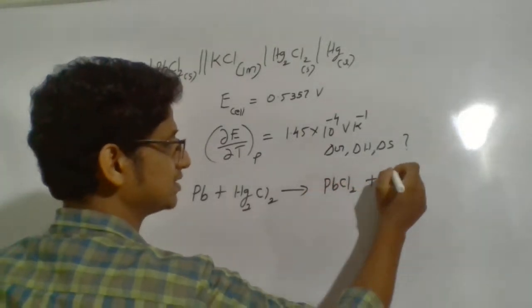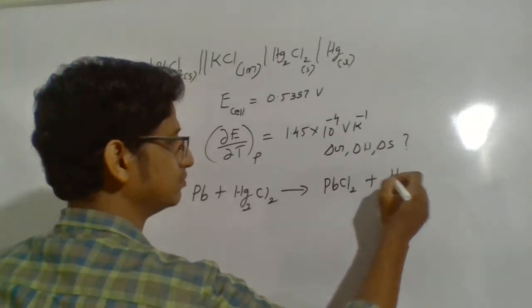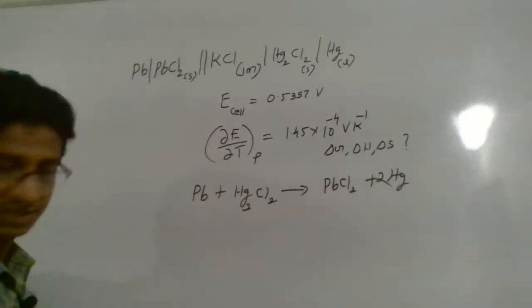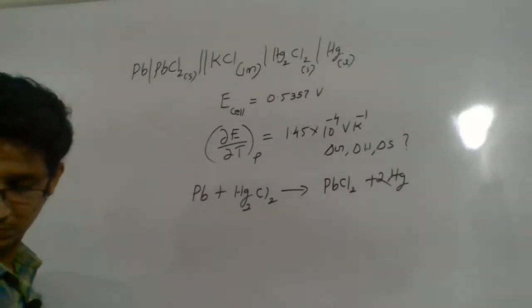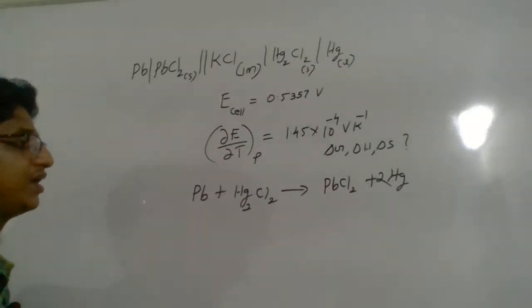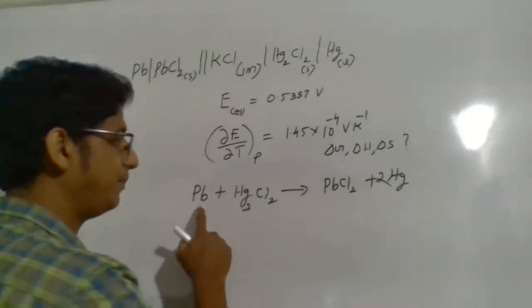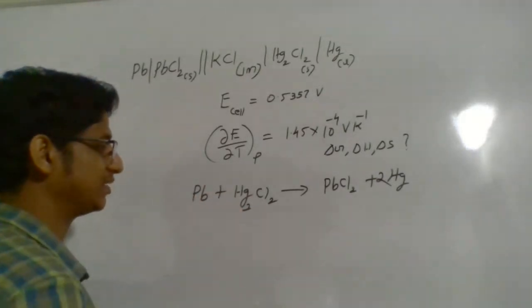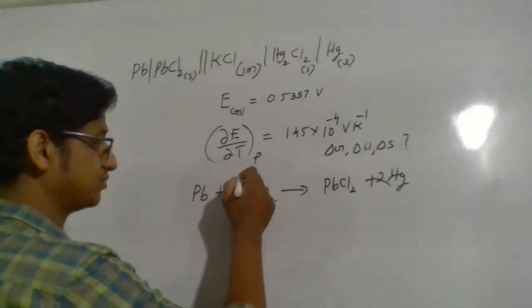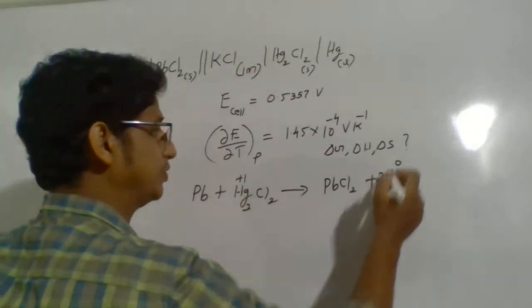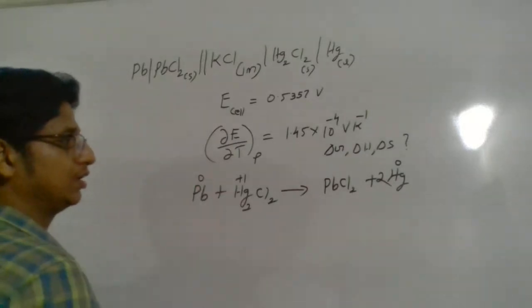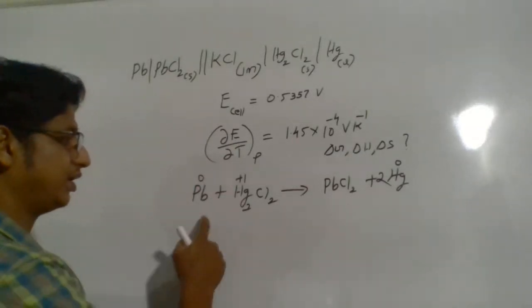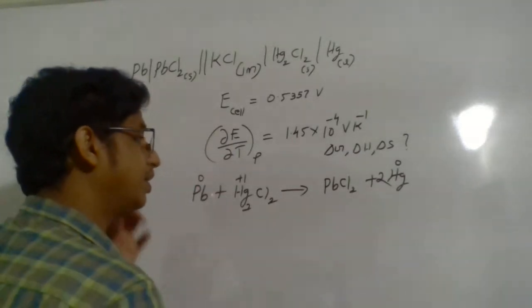If you balance it, this is the overall reaction. Here Pb undergoes oxidation to Pb 2 plus, and Hg in the plus 1 oxidation state is reduced to 0. So lead undergoes oxidation and mercury undergoes reduction.